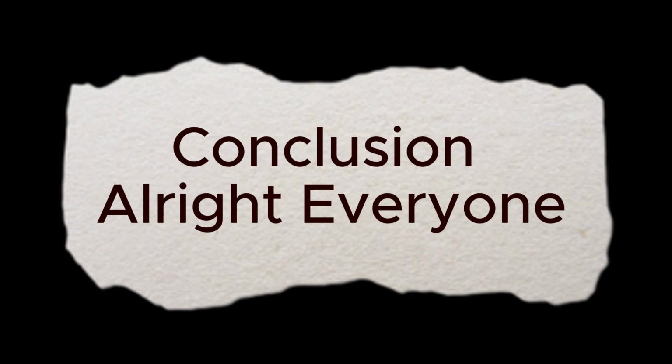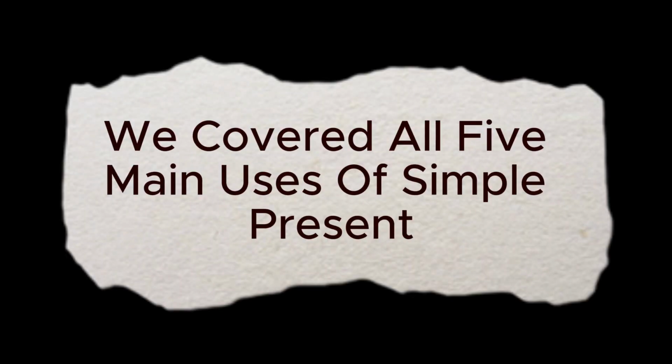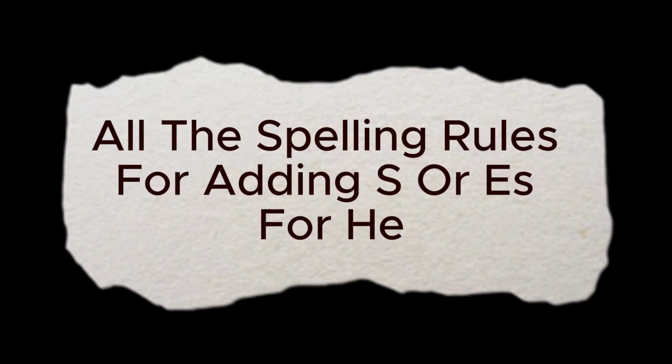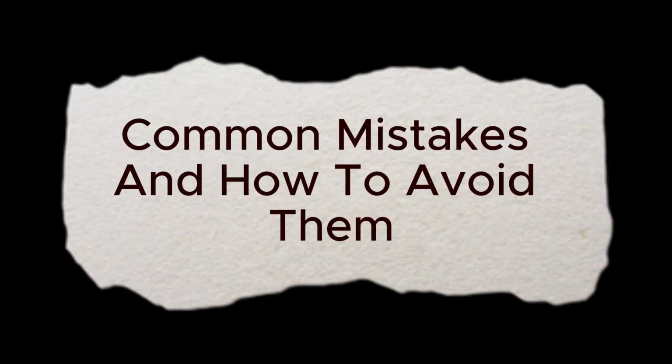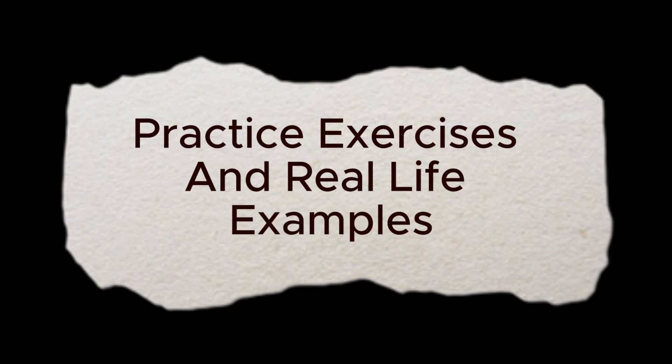Conclusion. All right, everyone, that's a complete guide to simple present. We covered all 5 main uses of simple present: how to form positive, negative, and question sentences, all the spelling rules for adding s or es for he, she, or it, common mistakes and how to avoid them, frequency adverbs and time expressions, practice exercises, and real-life examples.